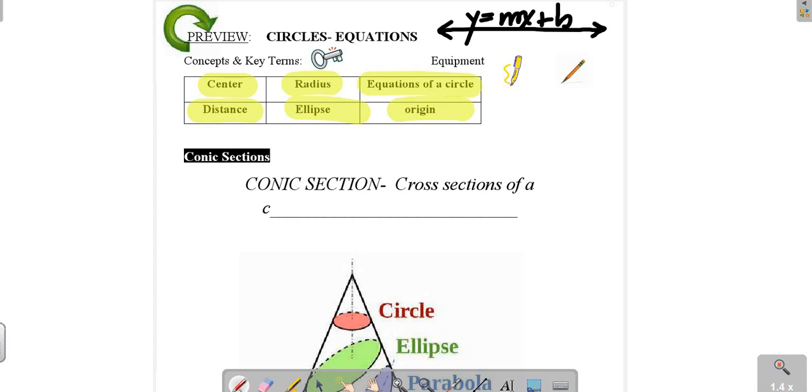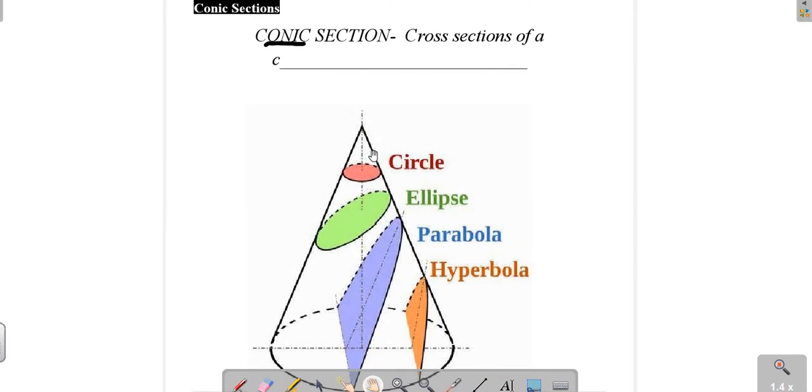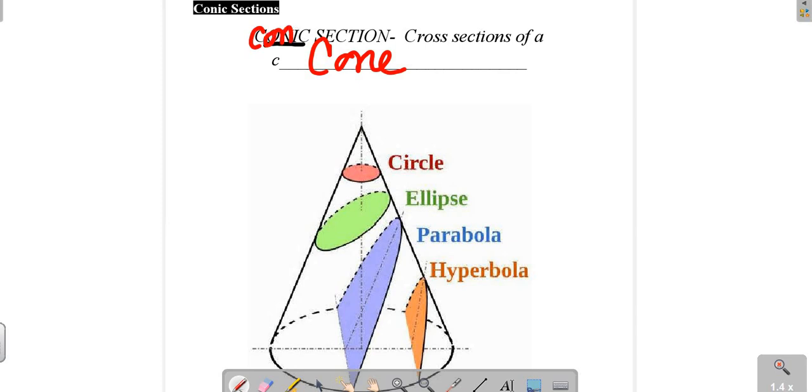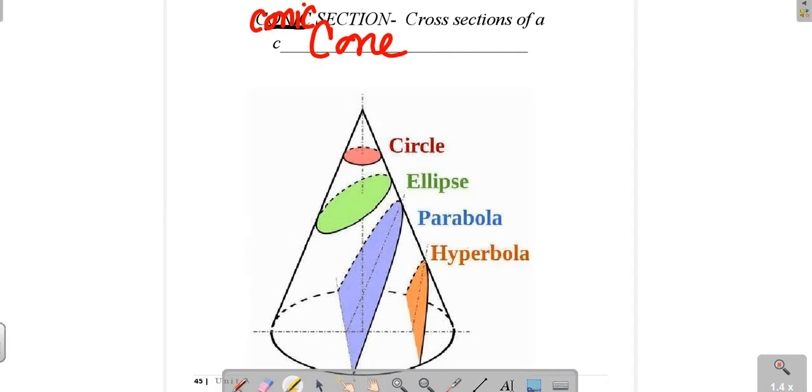Now we're going to start focusing on what are called equations of conic sections. Conic sections are different shapes that are cross sections of a cone. That's why it's called conic sections. If you slice a cone straight across, you get a circle.